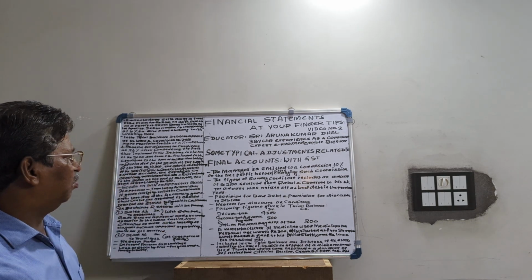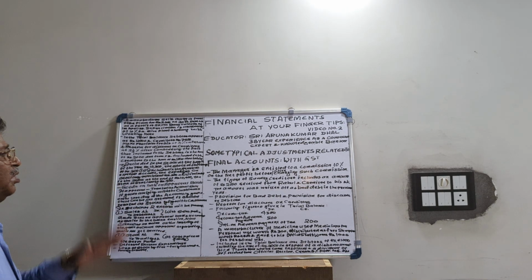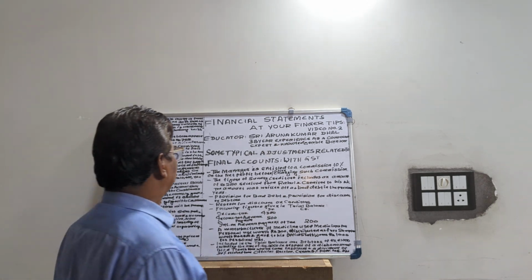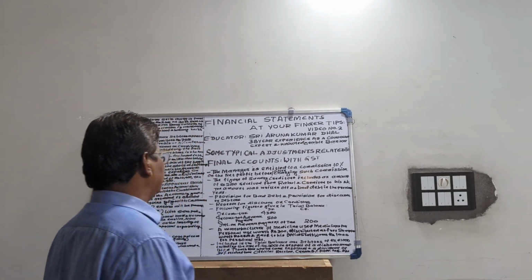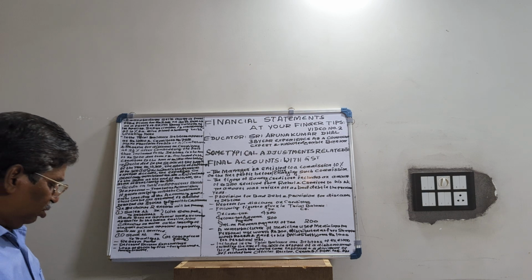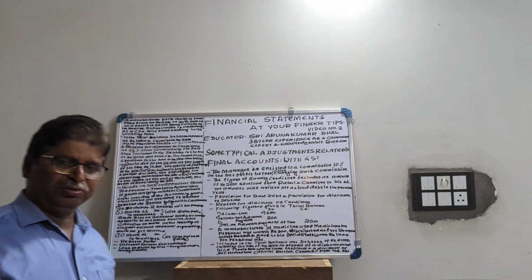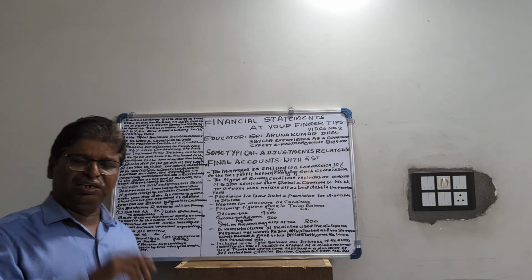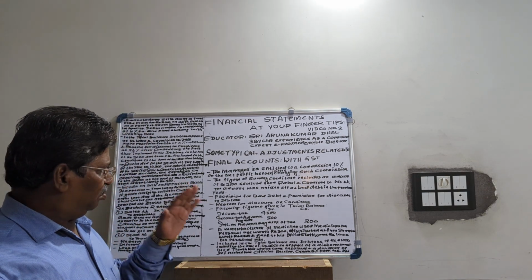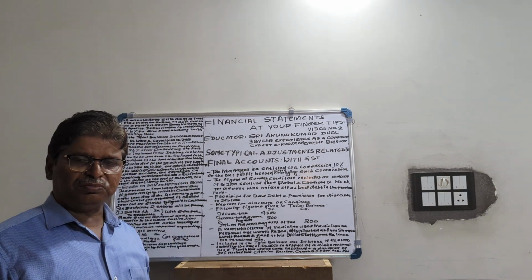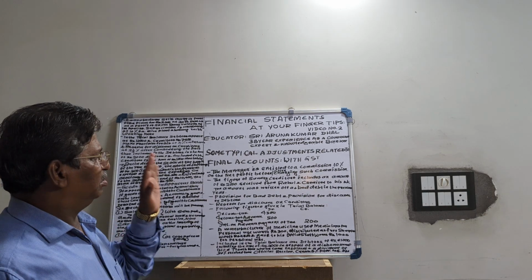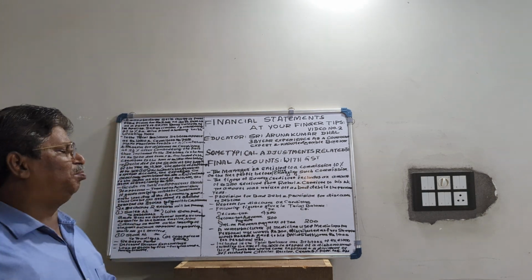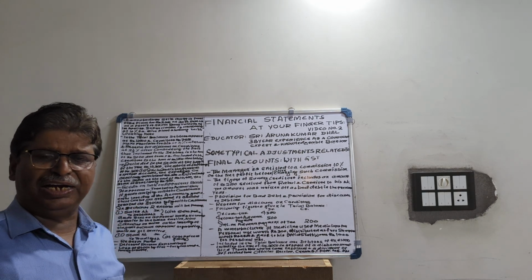In this video, we will discuss some typical, hidden adjustments related to final accounts with GST. All of you know, when the business purchases goods from the supplier, the business has to pay GST to the supplier.